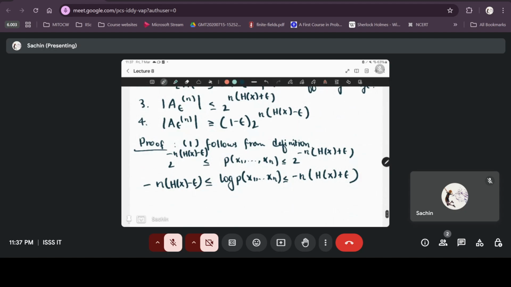You divide by minus n. When you divide by a negative number, the inequality changes direction.